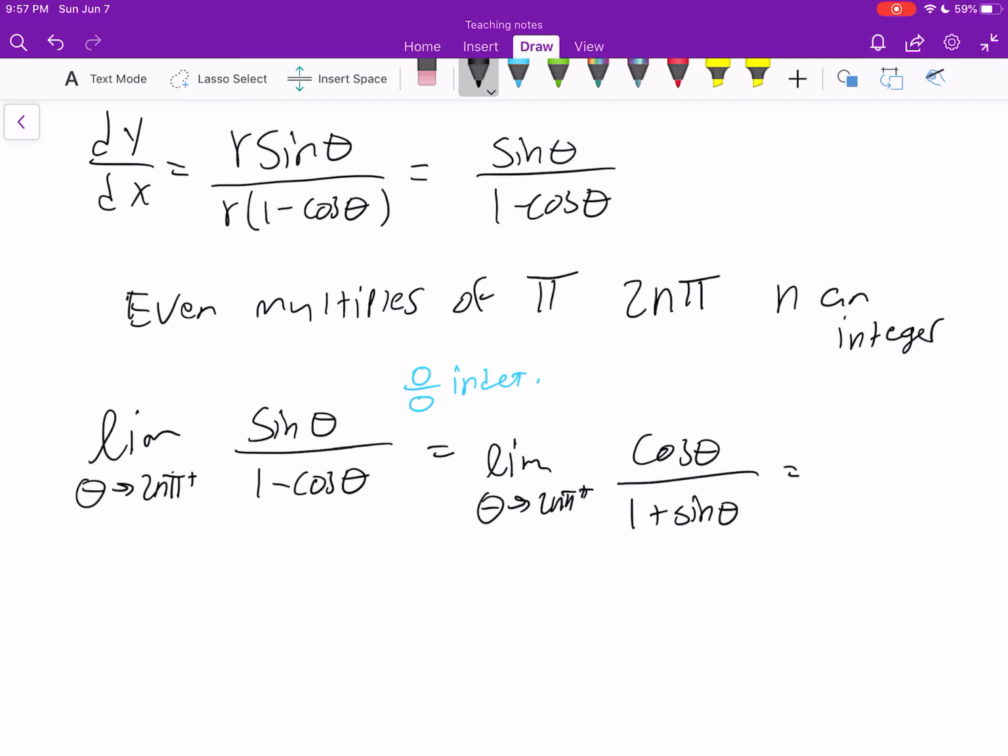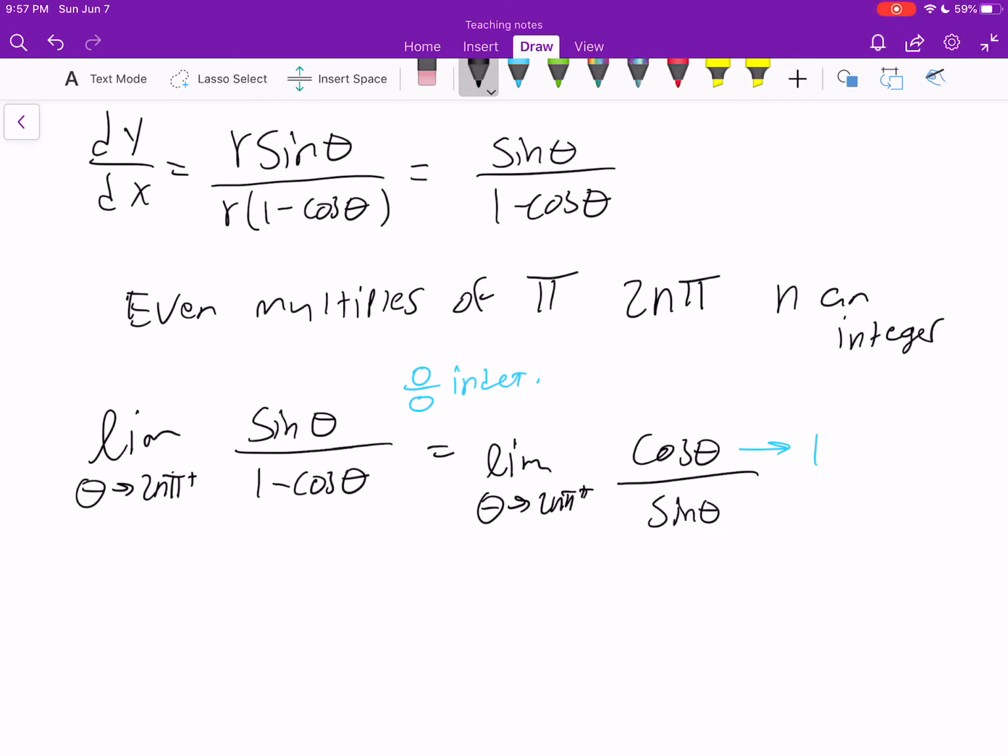Now when I look at this, look at what's happening here. As theta approaches 2n pi, the top, cosine theta, is tending towards 1. Oh, sorry, I took the derivative wrong down there. Not paying attention. This should be just sine theta down here.